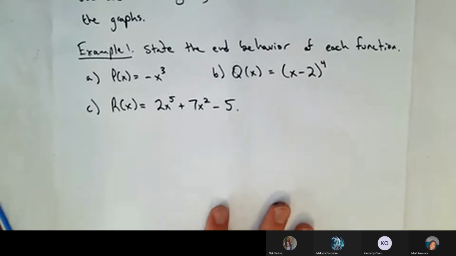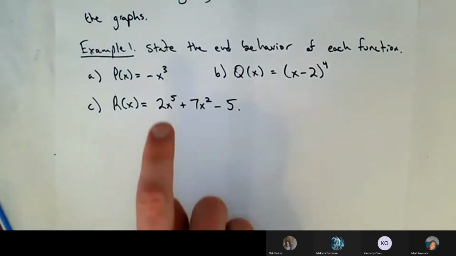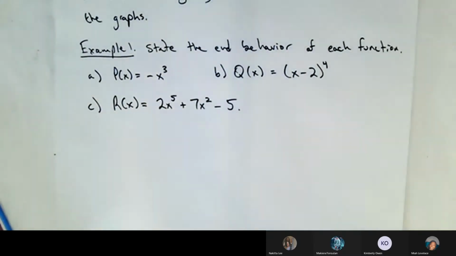When I say state the end behavior, that means those infinity things. I want statements. There will be two statements for each one of these: one that says as x tends to infinity, p of x does this, and as x tends to negative infinity, p of x does this.